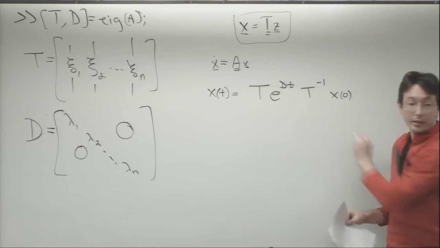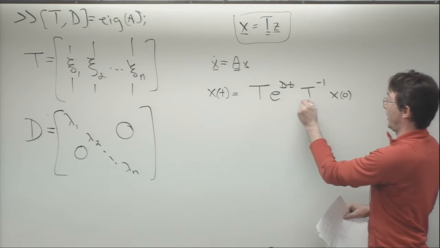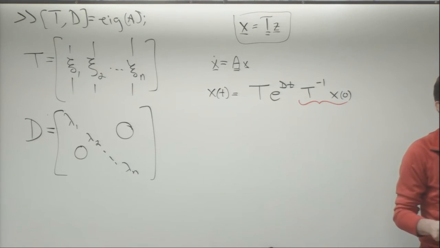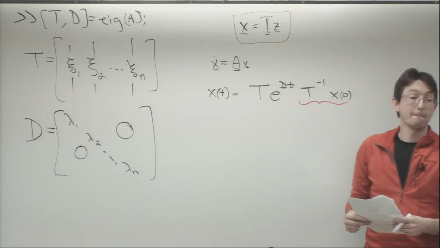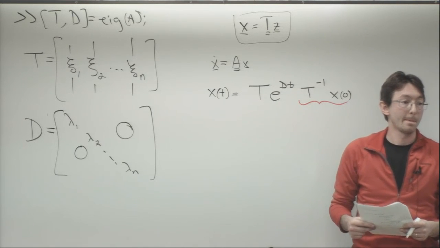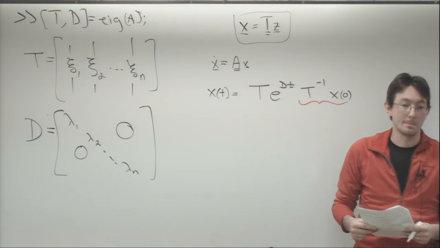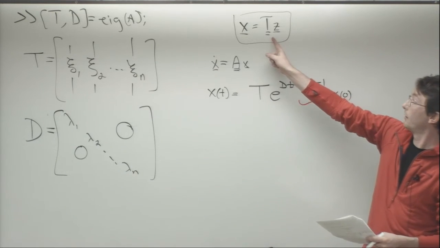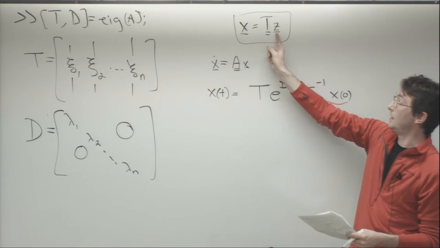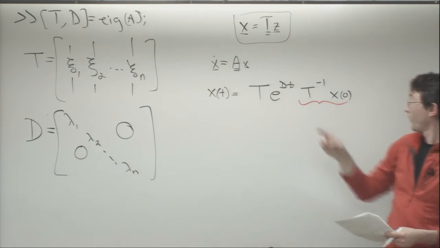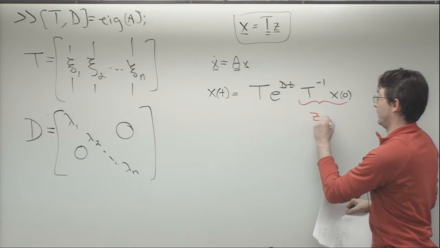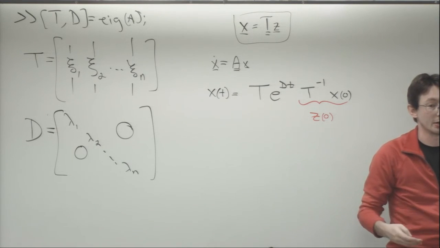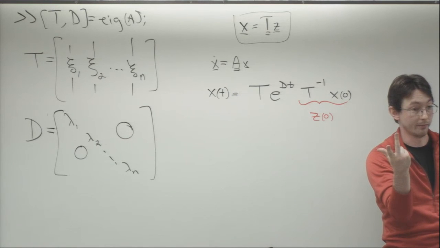I take my initial condition x naught, and I multiply it by T inverse. What's T inverse x naught? z naught, right? So z equals T inverse x. If I take T inverse x naught, this is z naught. This is my initial condition in my eigenvector coordinate system.